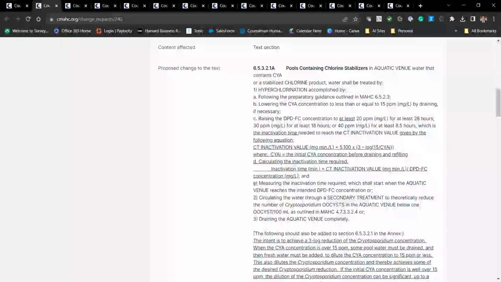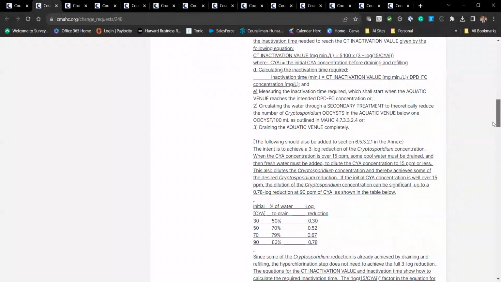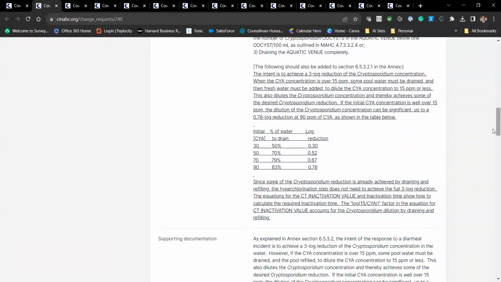If you read the annex below, it talks about how the intent is to reduce the 3 log reduction of crypto, and then it goes back to that when cyanuric concentration is over 15 parts per million, some water will be drained, and then fresh water will be added to dilute the cyanuric acid concentration to 15 parts per million or less. And this also dilutes the crypto concentration, and thereby achieves some of the desired crypto reduction.